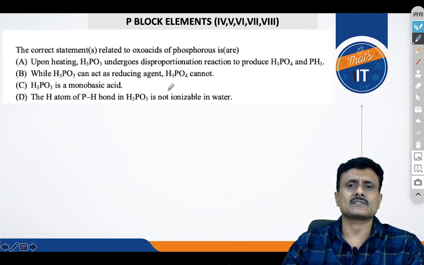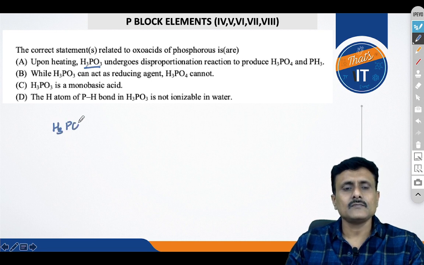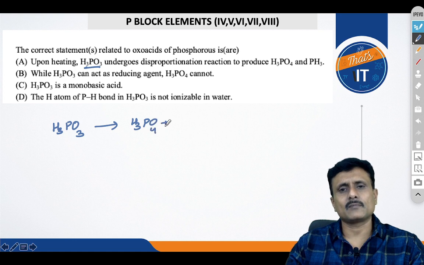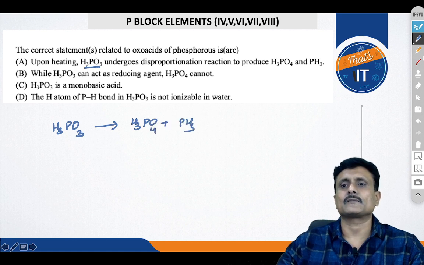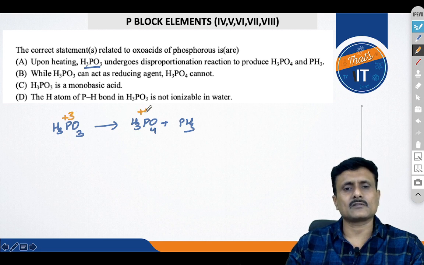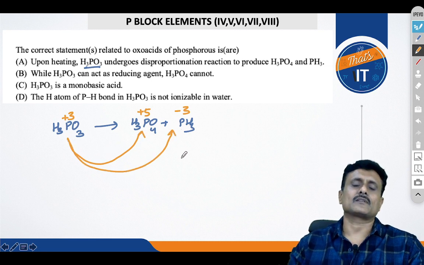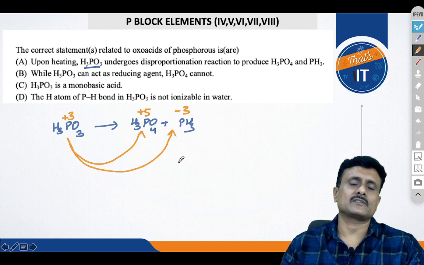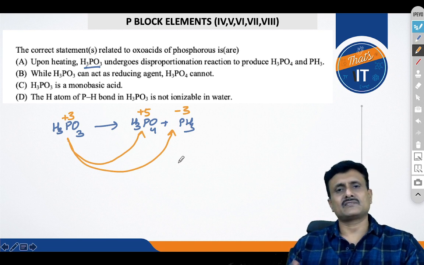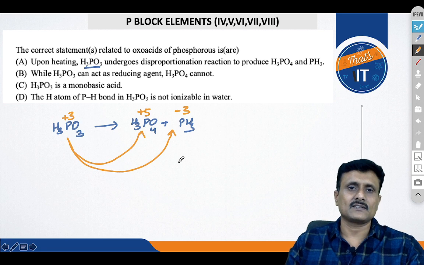Now you can see another question which is similar. Option A, H3PO3 undergoes disproportionation, makes sense. Always remember, when the oxidation number of any element is intermediate, neither lower nor higher, there is always a possibility for it to go from middle to the higher and middle to the lower. Like you have seen in the previous case also, HClO2, HClO3 undergo disproportionation but not HClO4, because it is already oxidized, right?